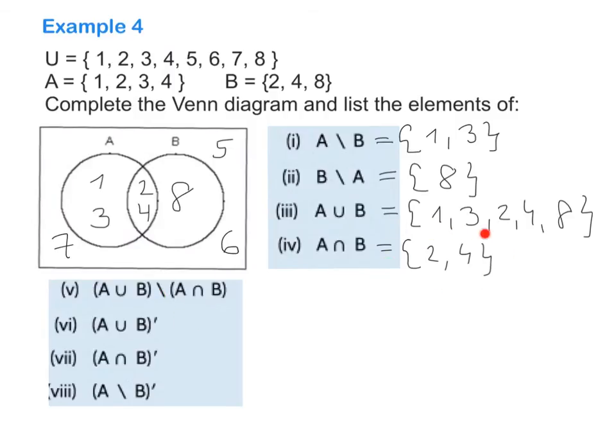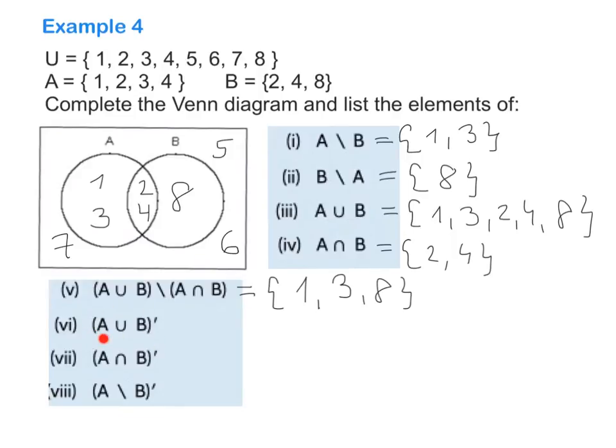So we have 1, 3, 2, 4 and 8 in union, but we need to take away 2 and 4. So this 1, 3 and 8 are the elements we need. Great.